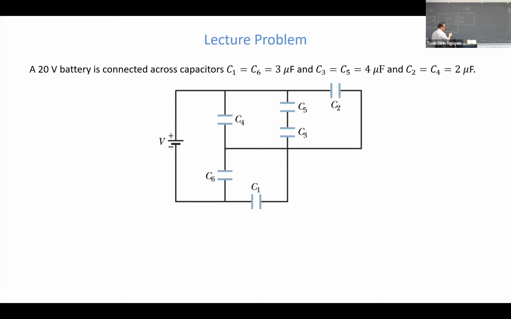They're still the same potential on this side as that side. So you can actually move this one up here. You can move it along the wire as long as you don't cross a node, a meeting point. So here it might not look like these capacitors are in parallel, but they are.